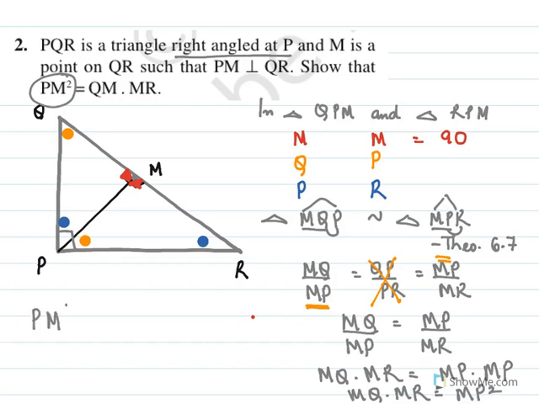MP square can be written as PM square equal to QM into MR, and we have proved. Here, however, you just cannot write theorem 6.7. You have to write the entire words or the statement of theorem 6.7, which is on page 145 of your textbook.